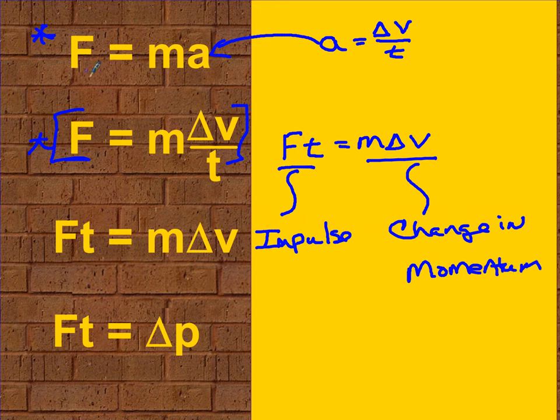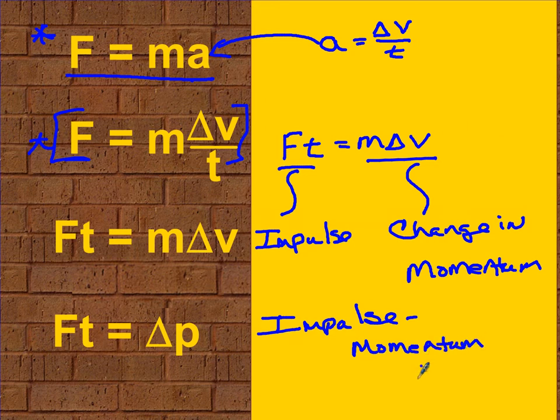So I have just mathematically shown you how to get from Newton's second law to what we're going to call the impulse momentum theorem. Basically what it says is that if I have an impulse, so I have a force applied over a period of time, it will cause a change in momentum that is equal to the impulse applied.